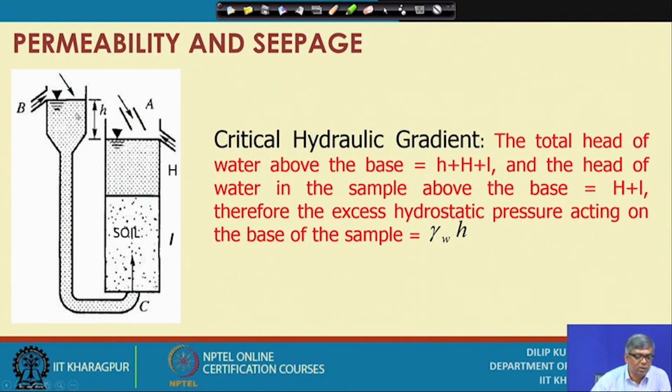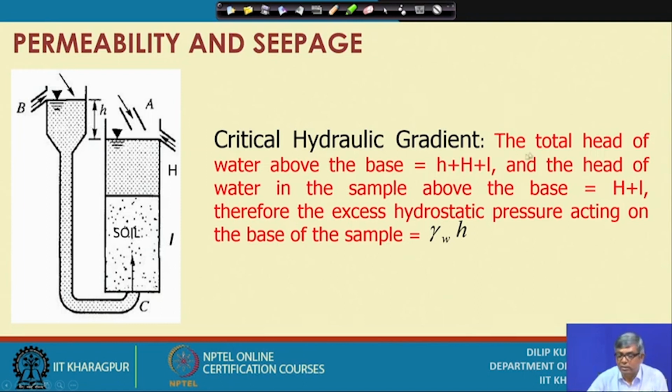So when this flow is taking place, what is the head under which it is taking place? This is H, because this is the maximum head here and maximum head here. Because of this difference the flow will take place. Above the sample there may be water of height capital H, and the soil length is L.